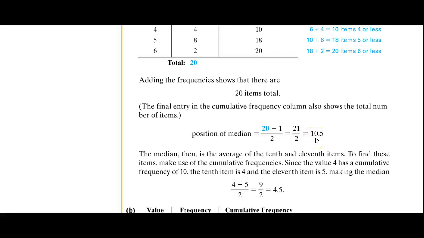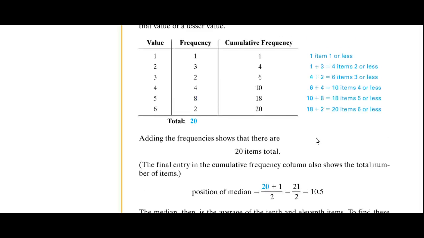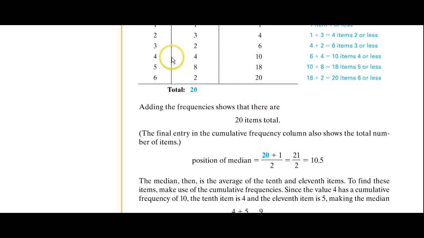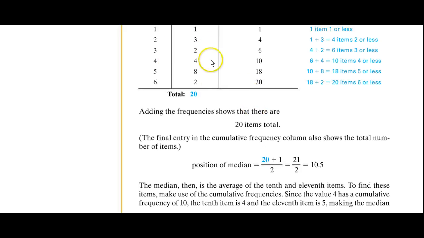So where are we going to get 10.5? Well, here is 5, 11. It's going to be right in there. So we're then going to add a 4 and a 5.